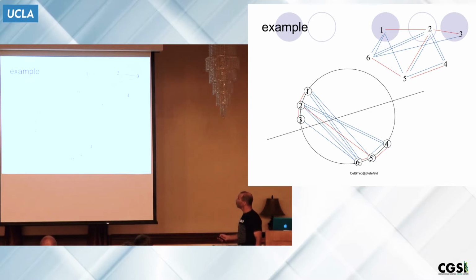We want to put them as far apart as possible, and the red edges as near as possible. And of course, we just run some random partition through the origin. You can see that with high probability, it will partition as we wish. So the random partition really does the job.